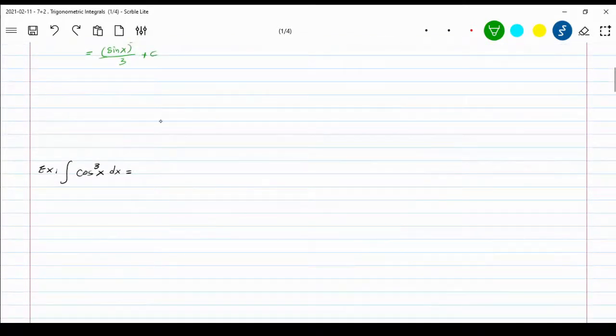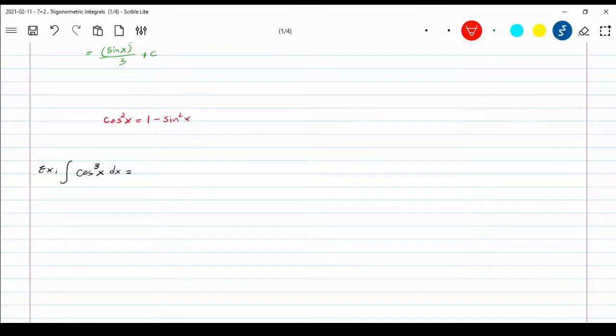Let's say, what if we had the case where we have only cosine cubed and there is no sine? Normally in these cases you try to create that to 1 power, if possible. In case the degree is odd, that's always possible. So if you have cosine cubed, you can assume, by the way, through the Pythagorean identity, we know cosine squared x equals 1 minus sine squared x.